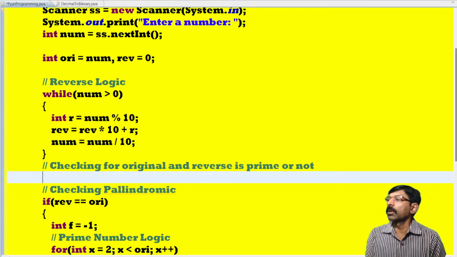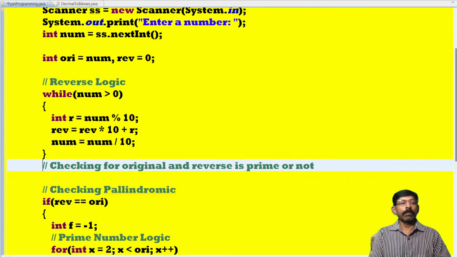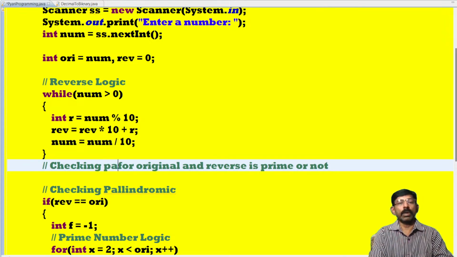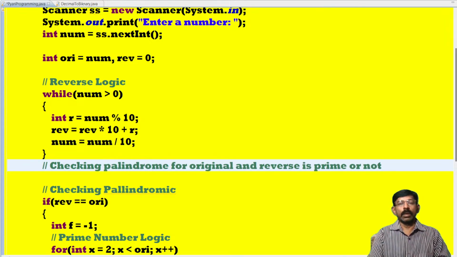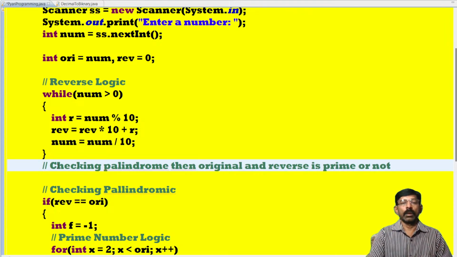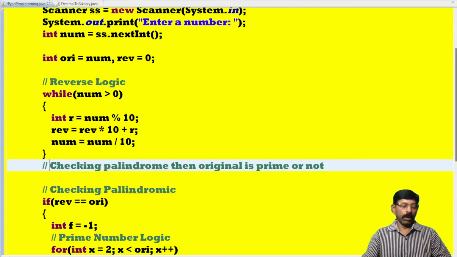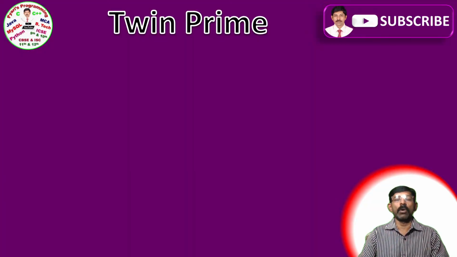Okay, conclusion I'm giving. But for Pearl prime, what I'm doing, first I'm checking palindrome, then original is prime or not. Okay, let's see the next one. What exactly the next part is saying. Can we do it the same or not?